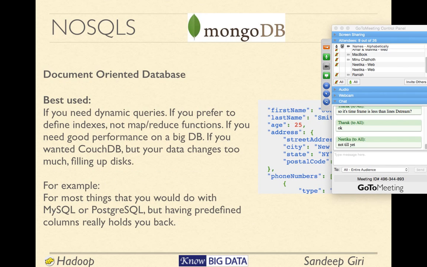Then there is something called MongoDB. MongoDB is best used for dynamic queries if you prefer to define indexes, not MapReduce functions. So if you need good performance on a big database, in those cases MongoDB is good.